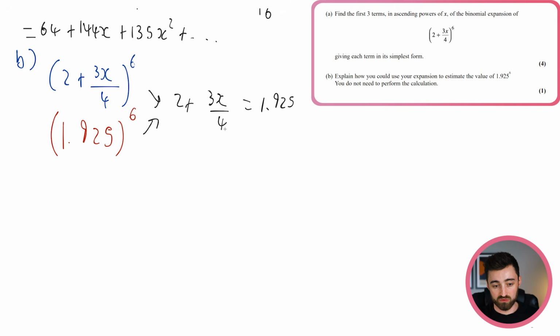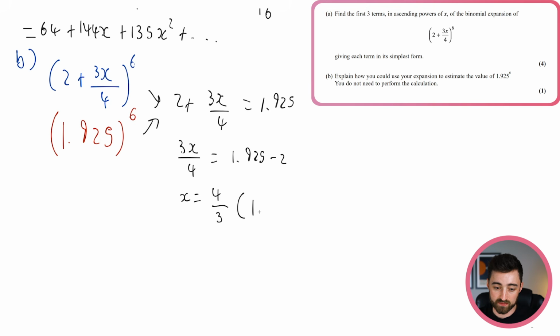So let's just work out what x is here. So let's take 2 from both sides. So I'm going to get 3x over 4 equals 1.925 minus 2, times by 4 divided by 3 to get that.